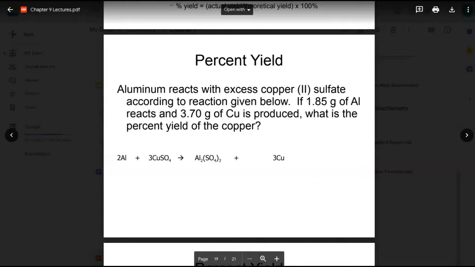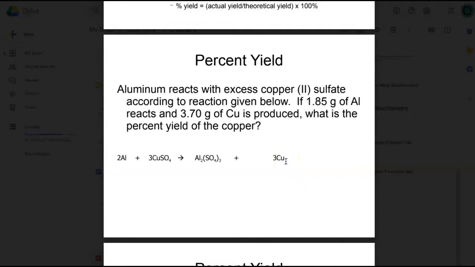Because we need to use the coefficients in the stoichiometry problem, so the coefficients need to be correct. We also want to write down the numerical values given to us: 1.85 grams of aluminum, that's going to be a reactant, and then 3.70 grams of copper. We can see that copper is a product.